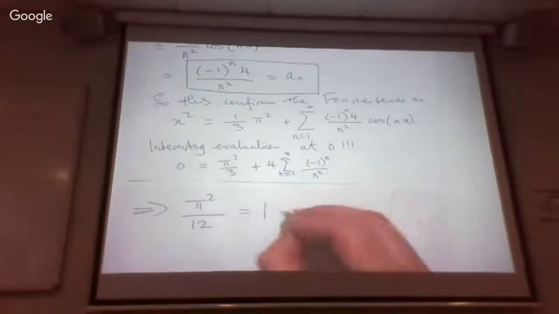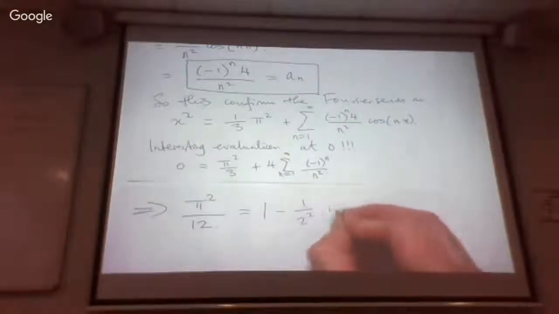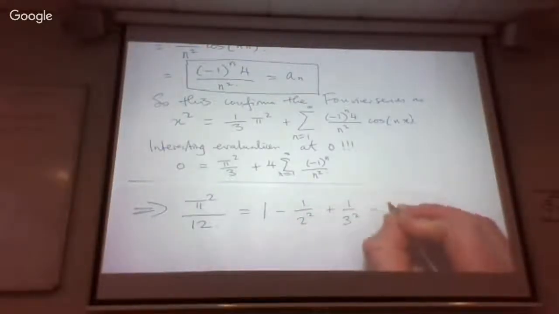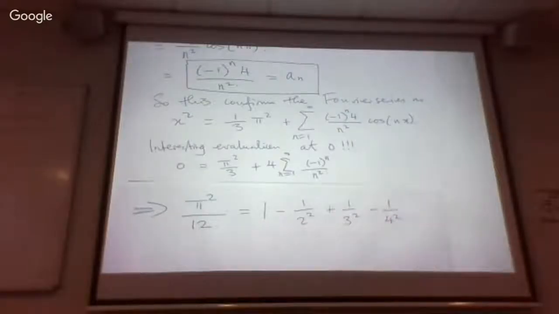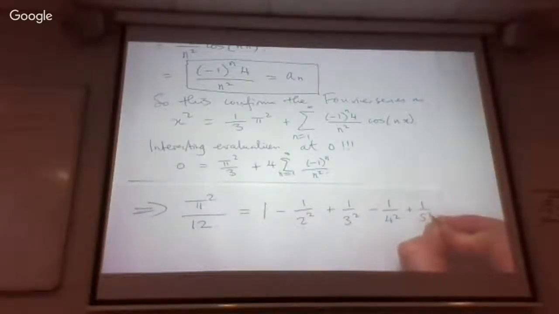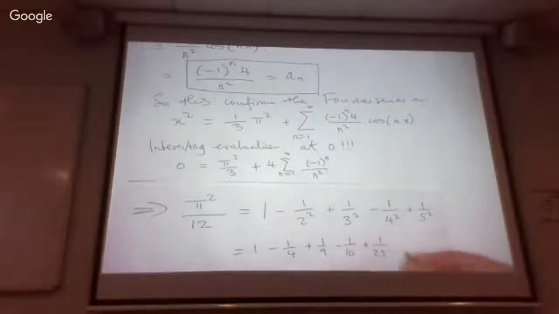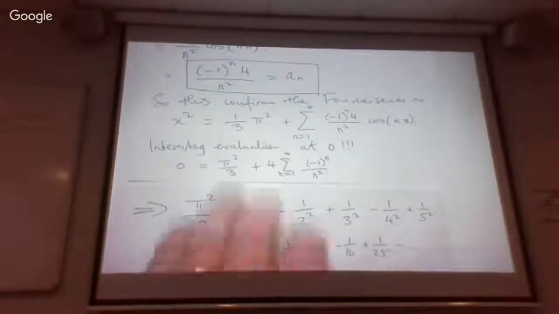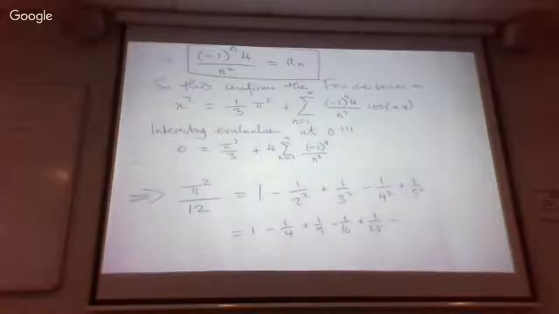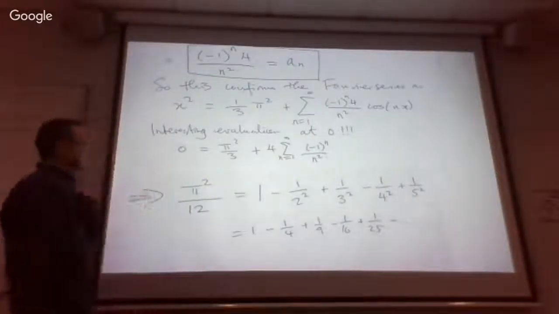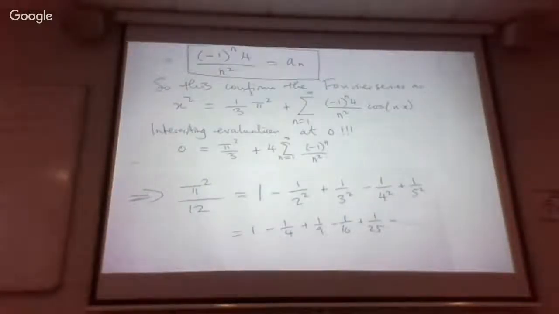So then it'll be 1 minus 1 over the square of 2, plus 1 over the square of 3, minus 1 over the square of 4, plus 1 over the square of 5, etc. It's 1 minus a quarter, plus a ninth, minus a 16th, plus a 25th, etc. And this series somehow magically is going to give you a 12th of the square of pi.